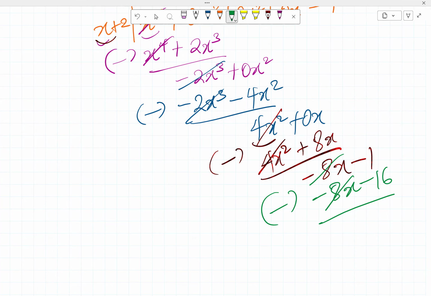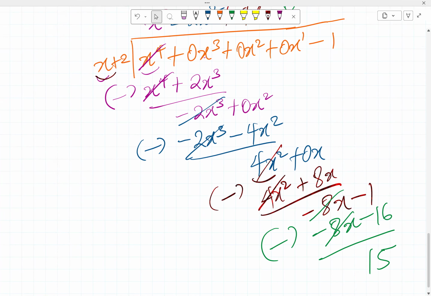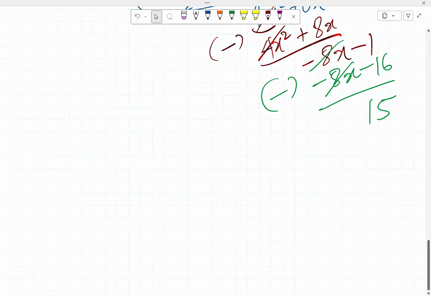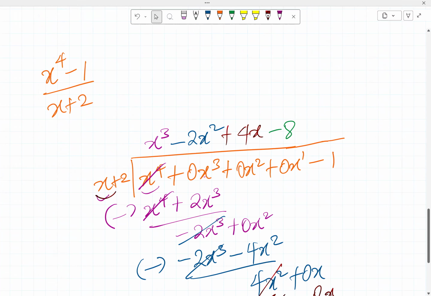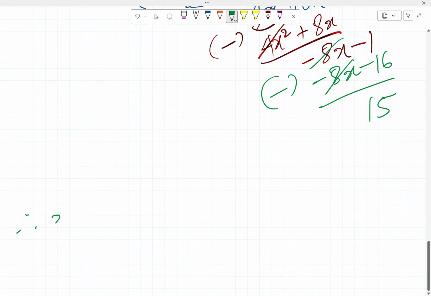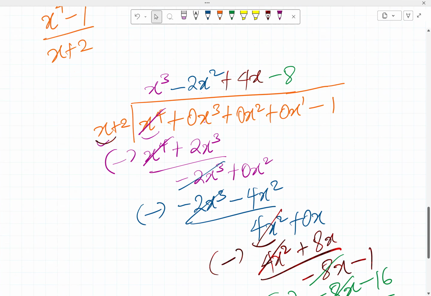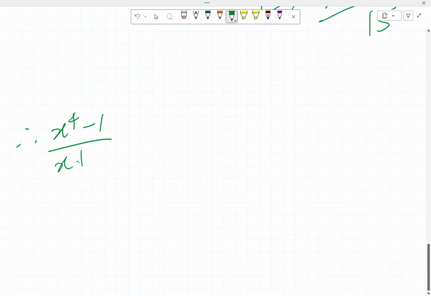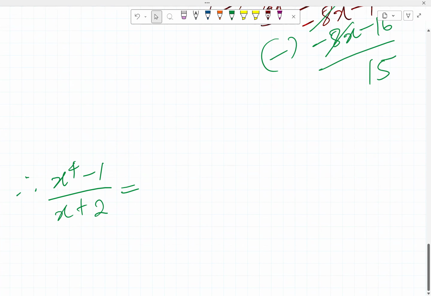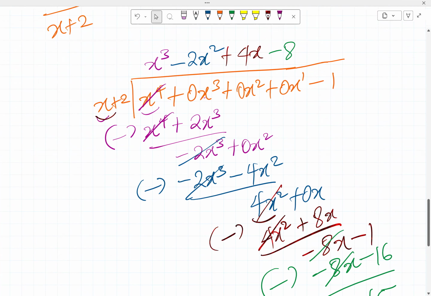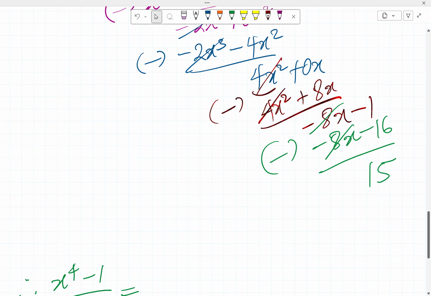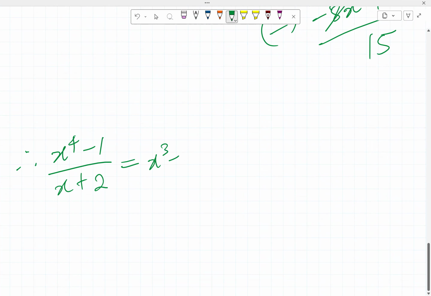Then minus 1 minus minus 16 is minus 1 plus 16, and that means the remainder is 15. So now that the remainder is 15, we can say therefore x raised to power 4 minus 1 over x plus 2 is equal to the quotient x cubed minus 2x squared, and so on.